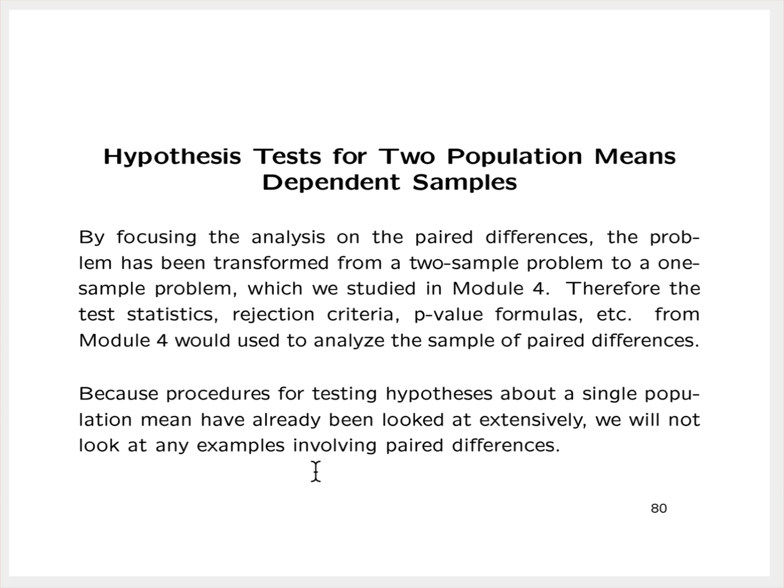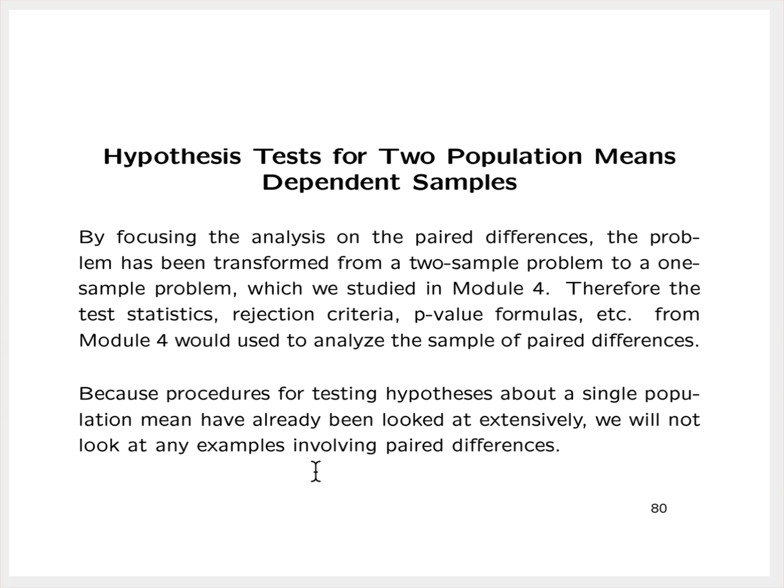So that is the end of this particular section, hypothesis tests for population means. We've looked at several situations. We've looked at comparing population means when we know the population variances, again using independent samples, right?